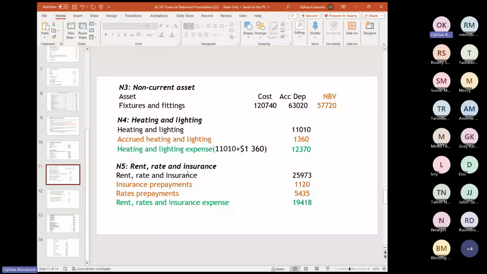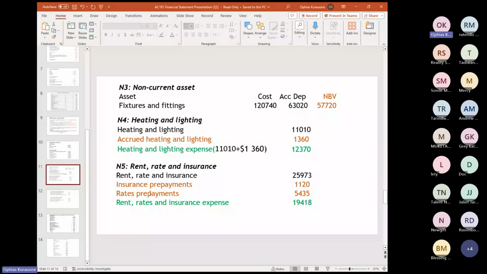That's why you've got rates, rent, insurance. That was 25973 plus insurance payment 1120. When we have a prepayment, it reduces our expenses. So the prepayments here, there were two. There was insurance 1120, which reduces this amount, rates and insurance.